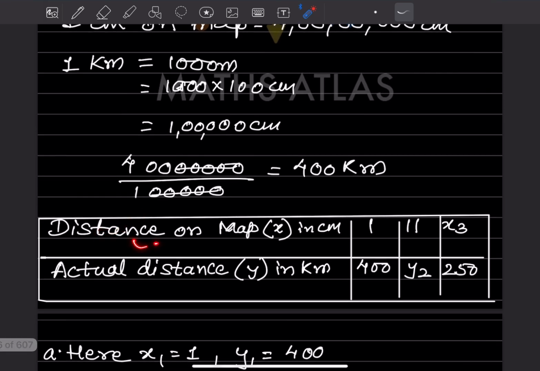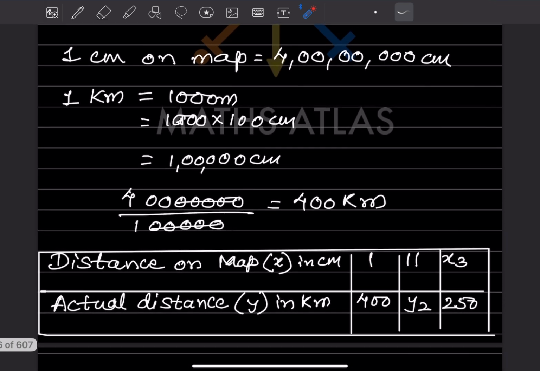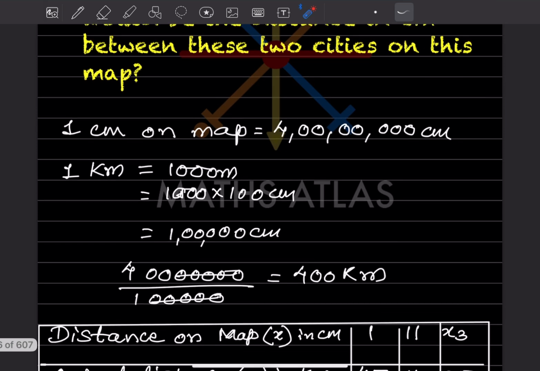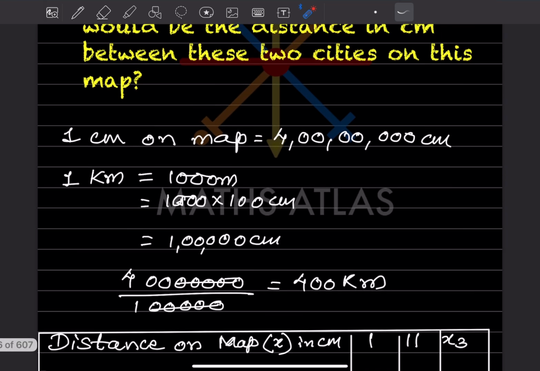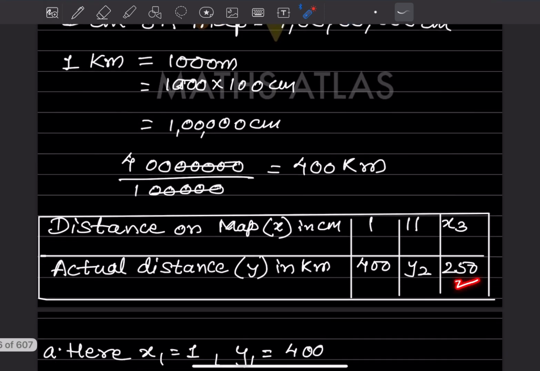So now let us take this table, that is distance and the actual distance. So this will be x and y, so this will be x1, x2 and x3, y1, y2 and y3. So for 1 centimeter, that is given as 400 kilometer. Now we have 11 centimeter, we don't know actual distance, and here is 250 kilometer, and we don't know the distance here.